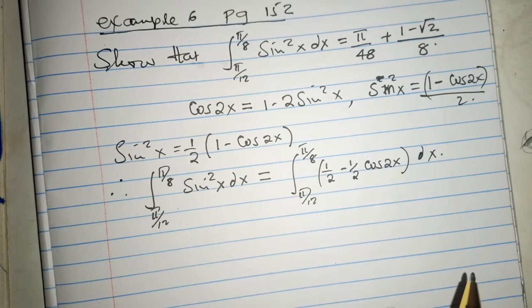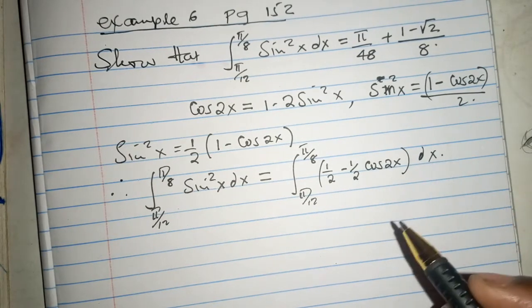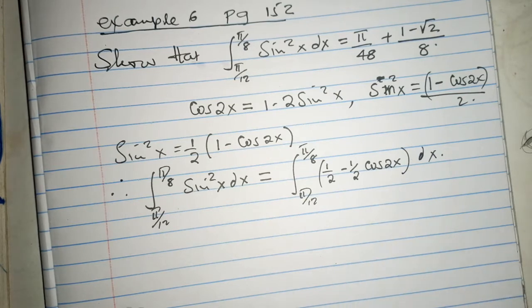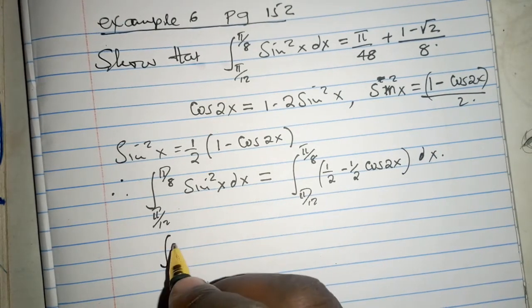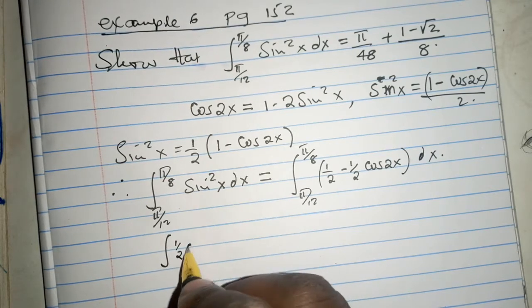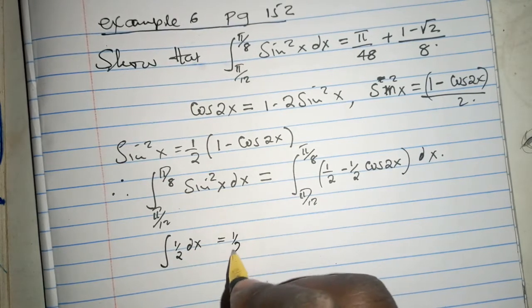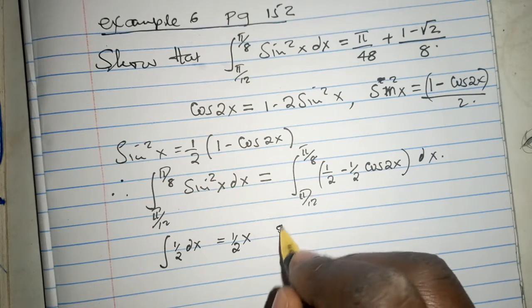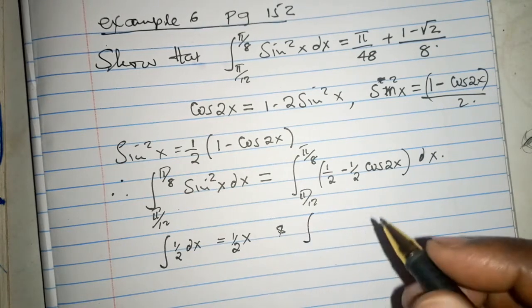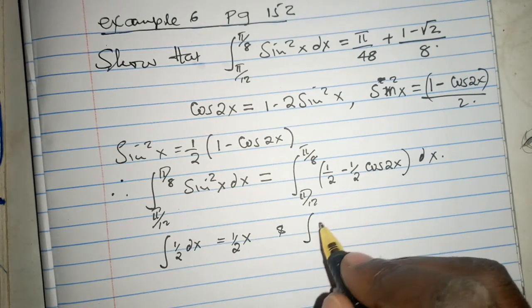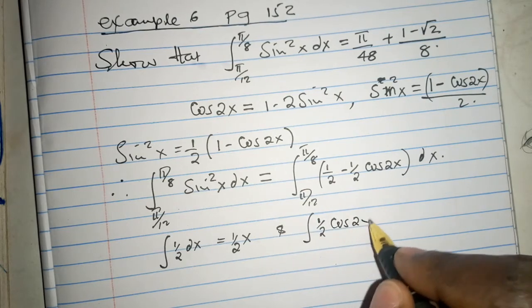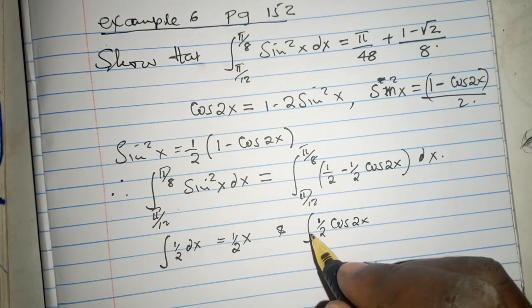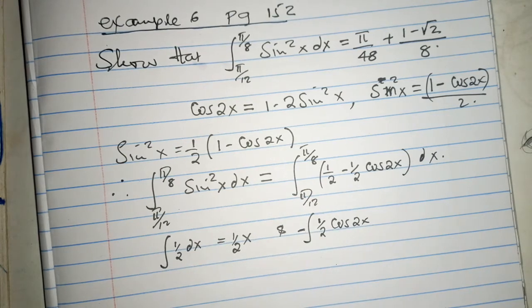Having said that, we directly go to integration. The integration of a half with respect to x is a half x, and the integral of a half cosine 2x, which is supposed to be negative, we are going to have negative there.